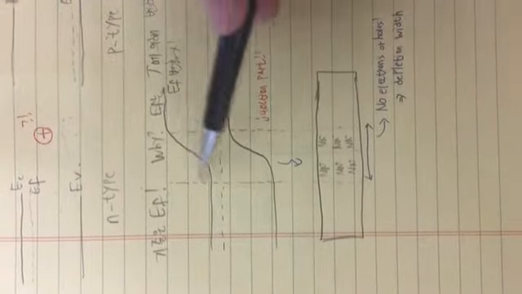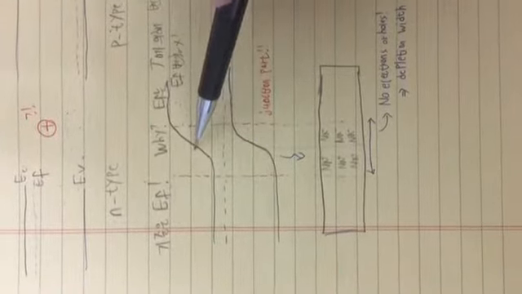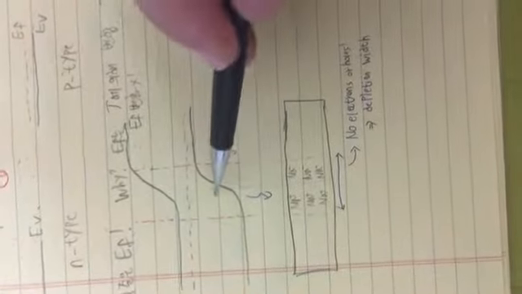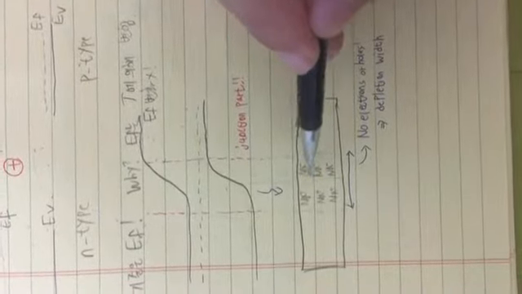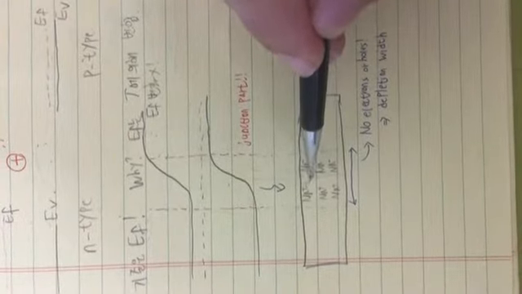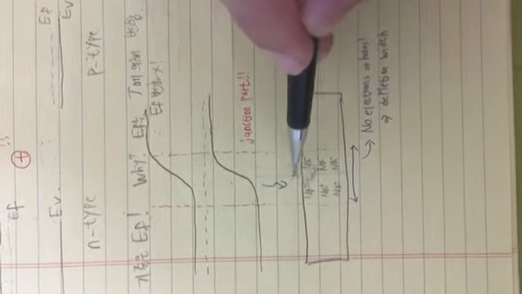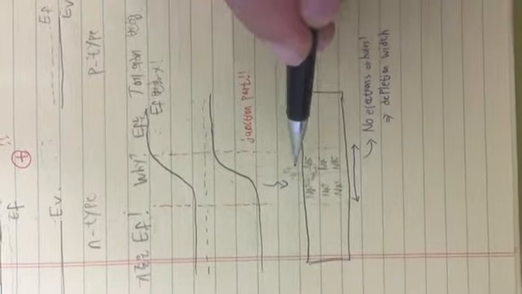And at this part, the electrons and holes will not be there, because the holes and electrons will combine and become nothing, or zero.